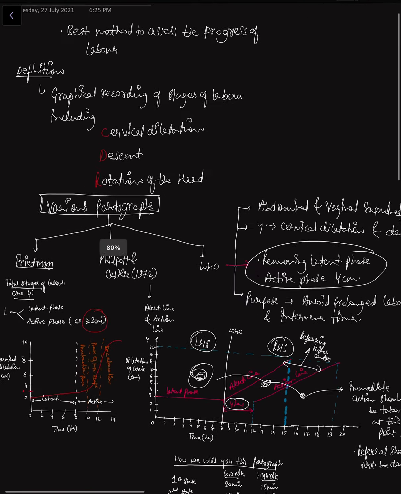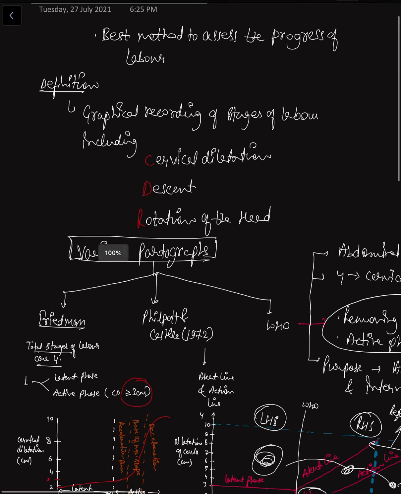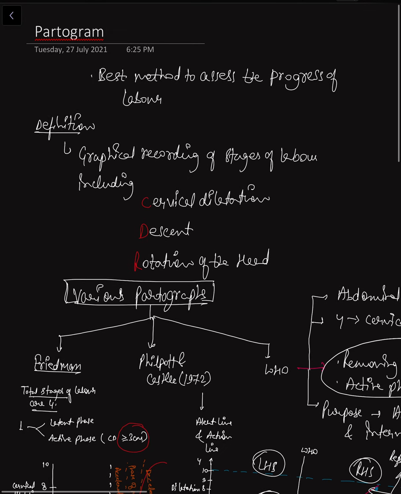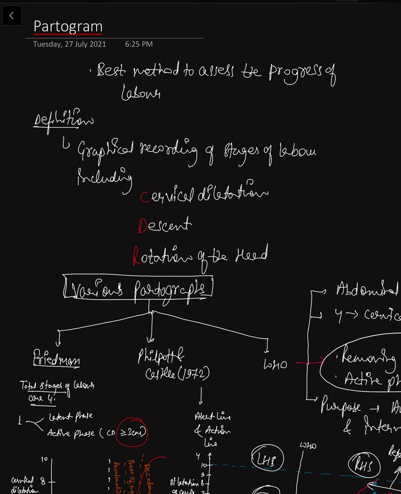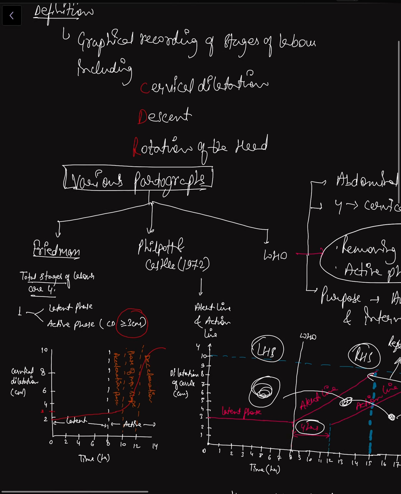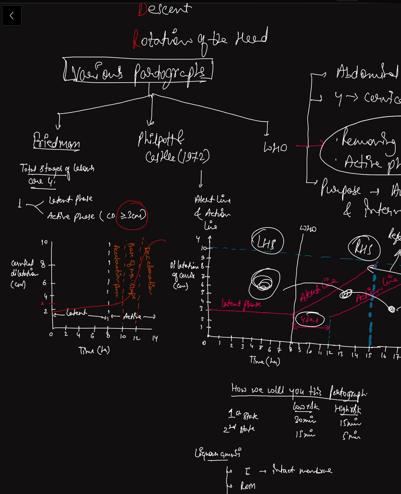So, one revision. What is a partogram? Partogram definition: graphical recording of stages of labor, including cervical dilatation, descent of head, and rotation of the head. Various partographs are there. Friedman divided the first stage into two phases, latent and active phase.